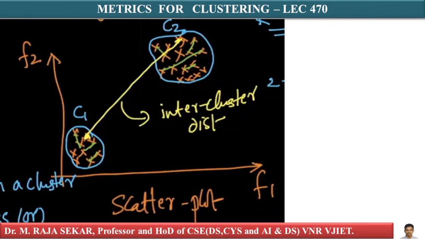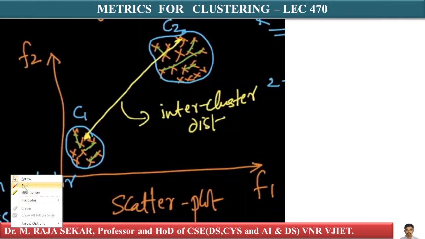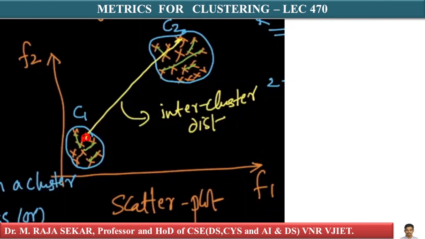For example, if you take a point in C1 and another point in C2, this line is called intercluster distance. Intercluster distance should be large and intracluster distance should be small.